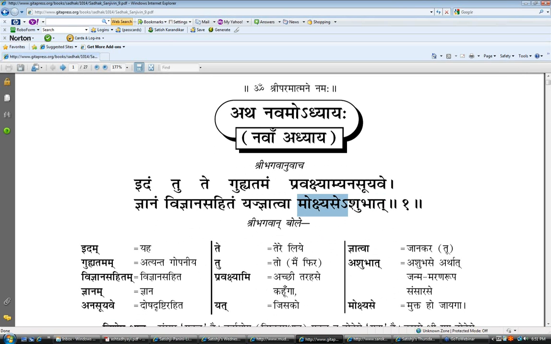So mokshyase is actually a passive form here. The tip off there is the Atmanepadam ending. It's a future tense, but it's passive. Mokshyase means you will be released, not that you will release. It's very important to remember this. Very simple rule is Sutra number 1.3.13, Bhava Karmanoho, and so if it has to be passive, it has to be Atmanepadam.